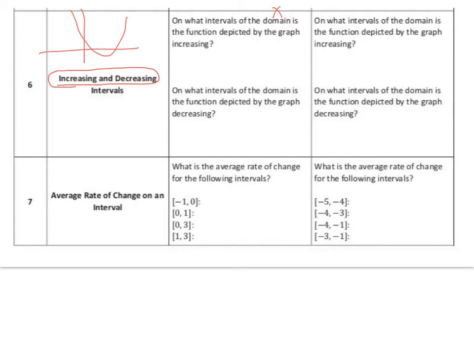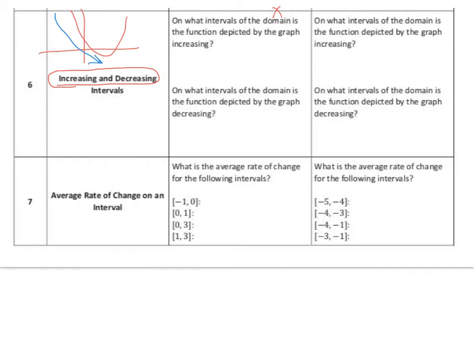Okay, if I look at my x value, so follow along with me. If I'm moving along my x-axis, where is this increasing? If I'm moving along my x-axis, where is this decreasing? So we always read left to right. I decrease to there, and then I increase up. I'm decreasing down to the vertex.